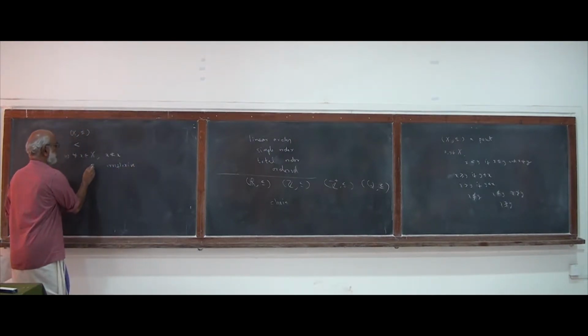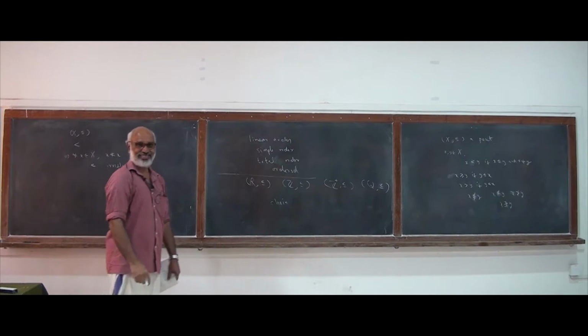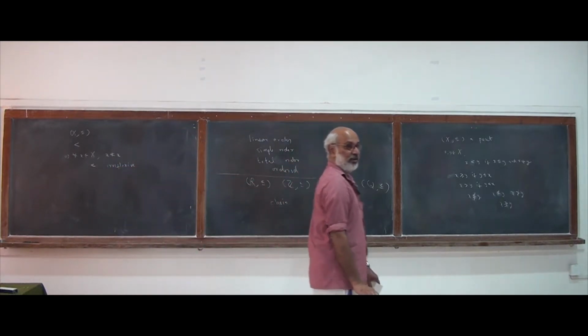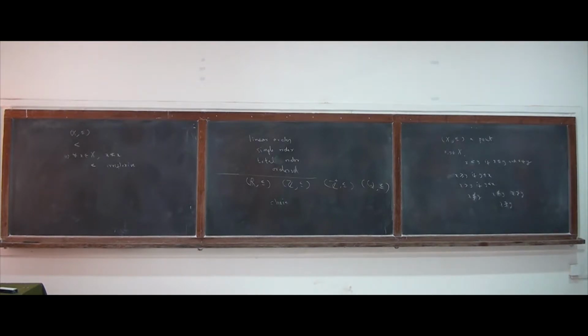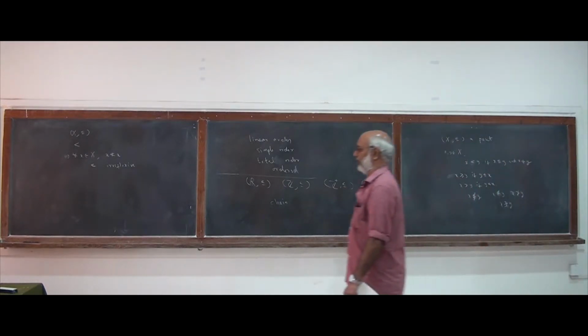We say that this relation is irreflexive. Irreflexive means no element is related to itself. We defined another property called reflexivity. Reflexive means every element is related to itself. For example, less than or equal to is a reflexive relation. But strictly less than is an irreflexive relation in the sense that no element is less than itself. So that is one property.